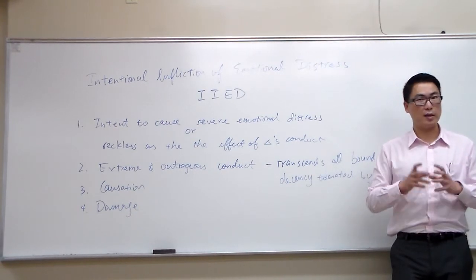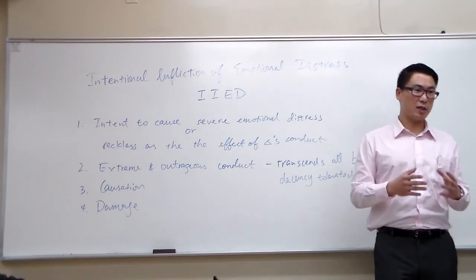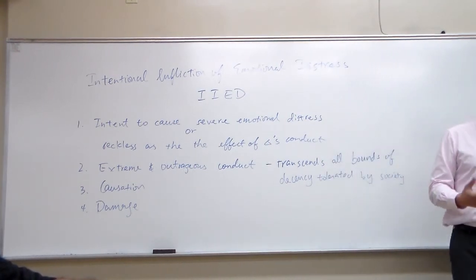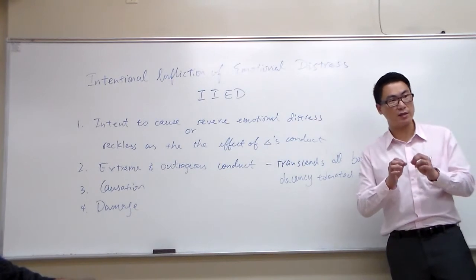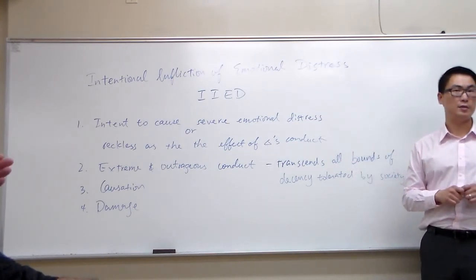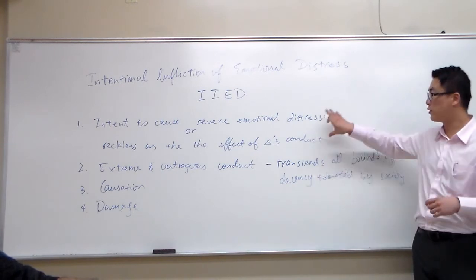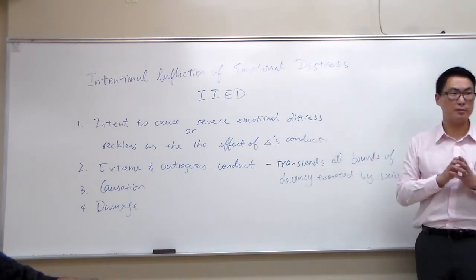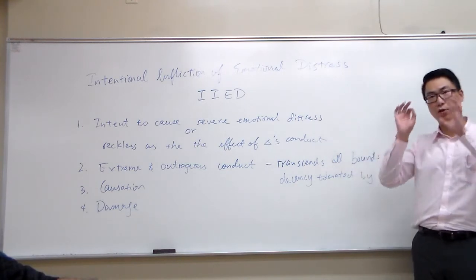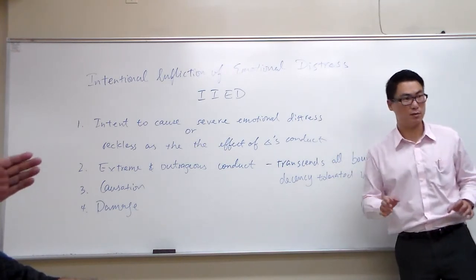They will probably charge you with second-degree murder of the girl. Your very specific intent of killing that girl is not required. It's a very similar example to IIED. So you don't have to intend to cause that severe emotional distress.